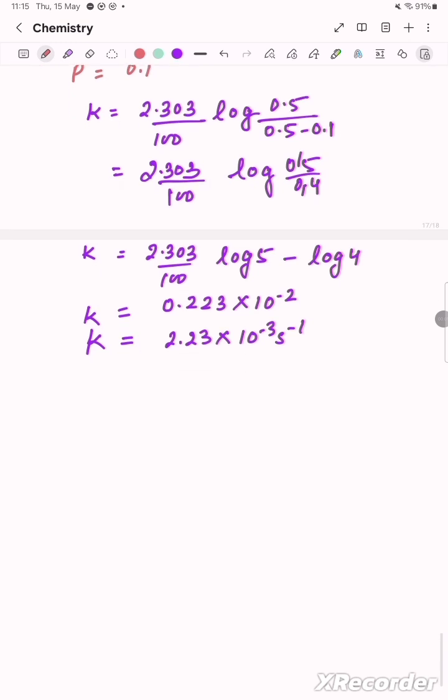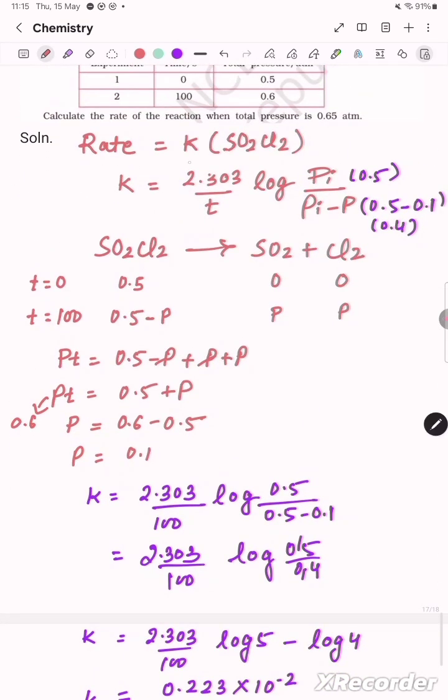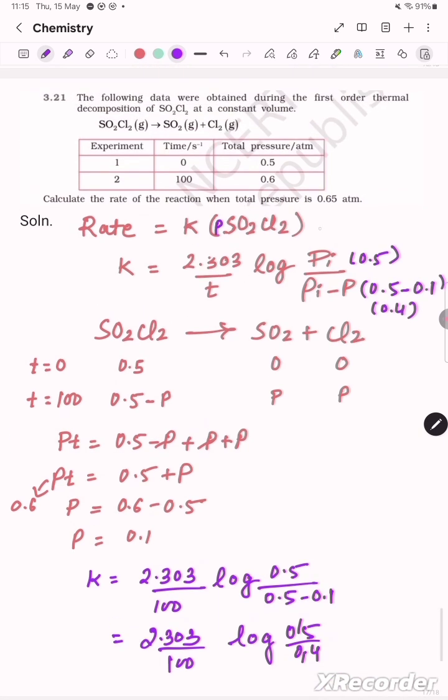So here the rate constant is calculated, and what is rate? Rate is equal to K, the rate constant, multiplied by the pressure of SO2Cl2. We forgot to write this pressure of SO2Cl2 in the formula, because the reaction is in terms of pressure, so we write the pressure of SO2Cl2 multiplied by the rate constant.